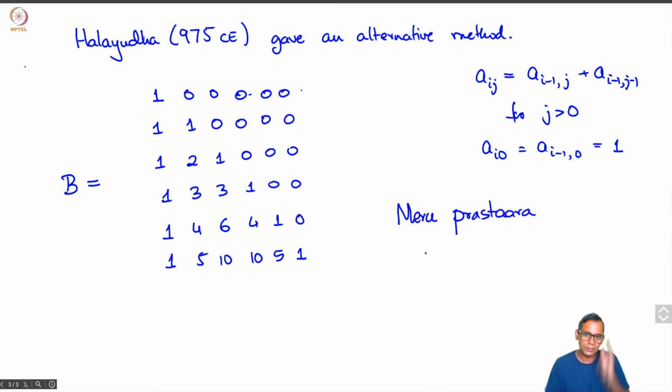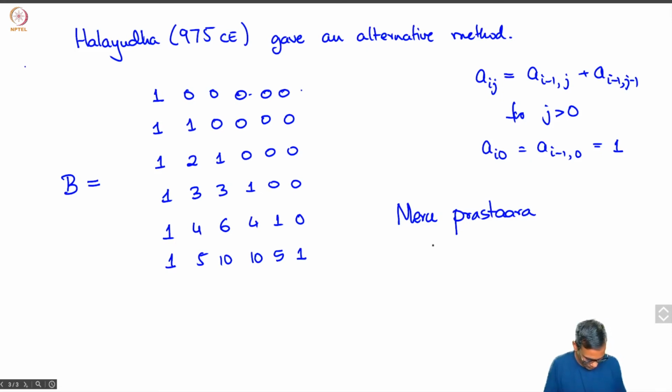In the West it's commonly known, well, also in India, it's commonly known as Pascal's triangle, and it wasn't really well known for a long time that these things have been studied in India for a very, very long time. So the Meru prastaara is defined by these equations.